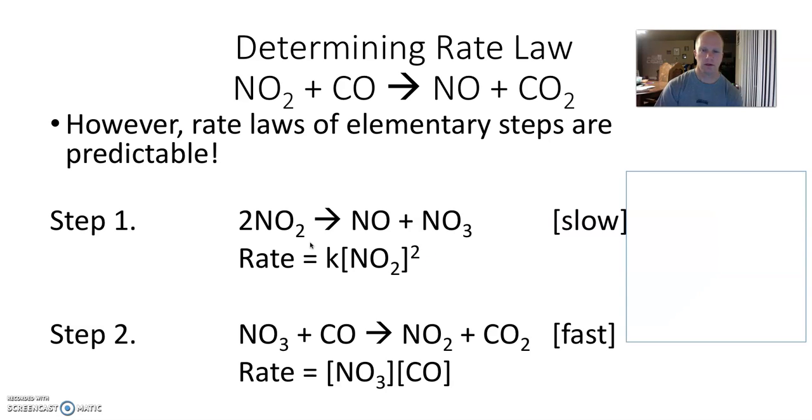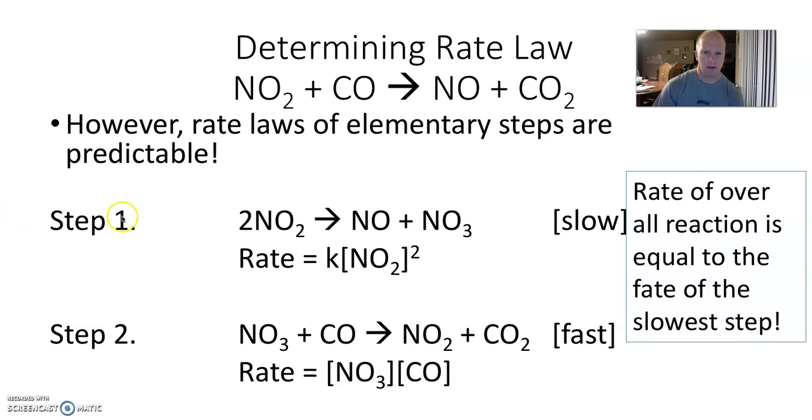So here's the deal. Step 1 is slow, so that means it takes a while. Step 2 is fast, so it happens instantaneously. That's the way almost all of these reactions are: out of the two steps, you end up with a slow one and a fast one. I'm going to apologize for this typo here.